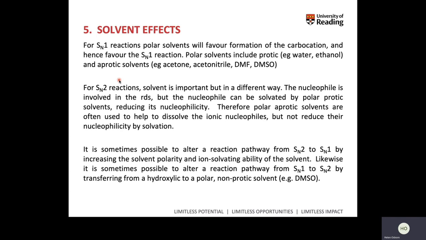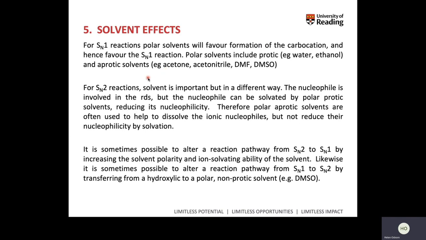We proceeded via a transition state. So in theory, you could say, well, for that transition state, it isn't charged, so we probably don't need a particular polar solvent to encourage that reaction because it's not forming a charged species in the way that we did for SN1, and that would be correct.